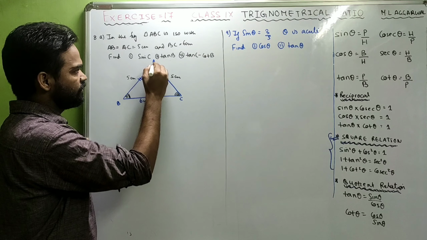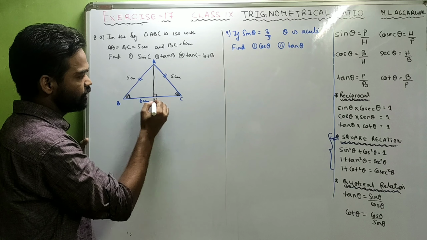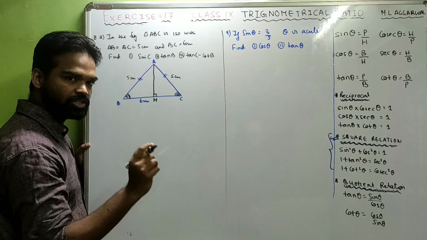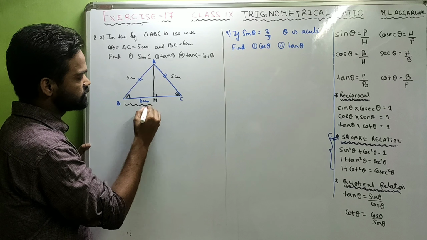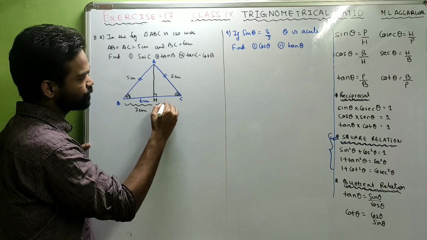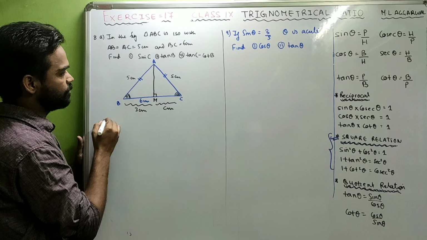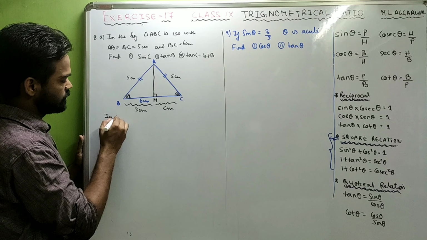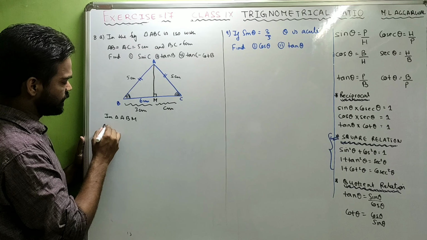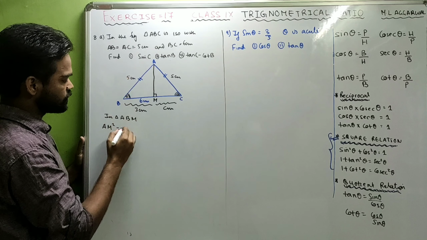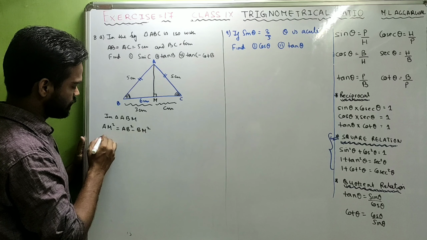We know if you draw a median AM, the median in an isosceles triangle bisects the base into two equal halves, which means this will be 3 centimeter and this will be 3 centimeter. So in triangle ABM, look carefully, AM square, that's perpendicular square, is hypotenuse square minus base square. Am I clear or not?